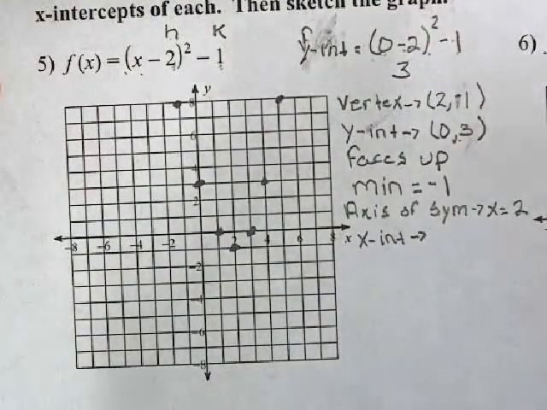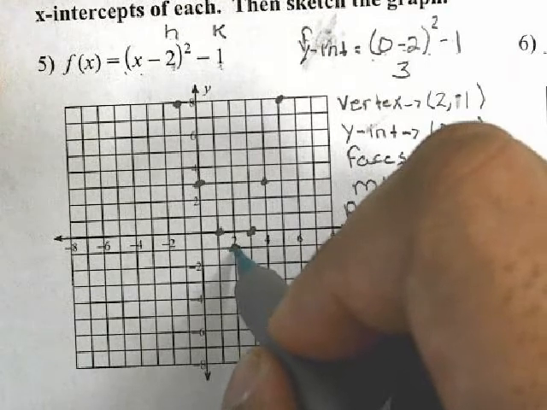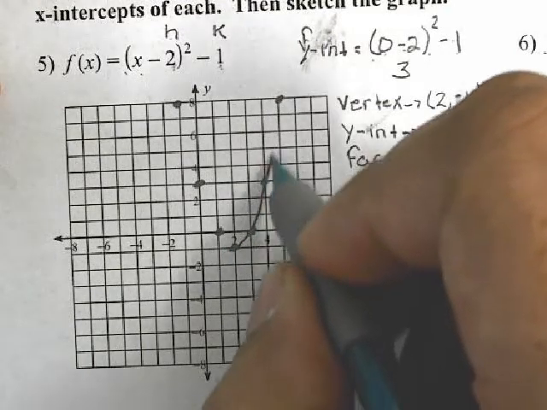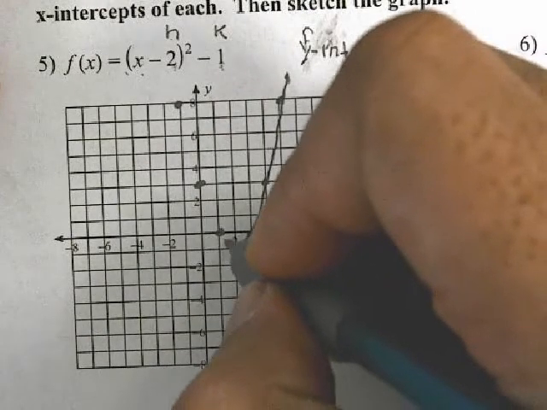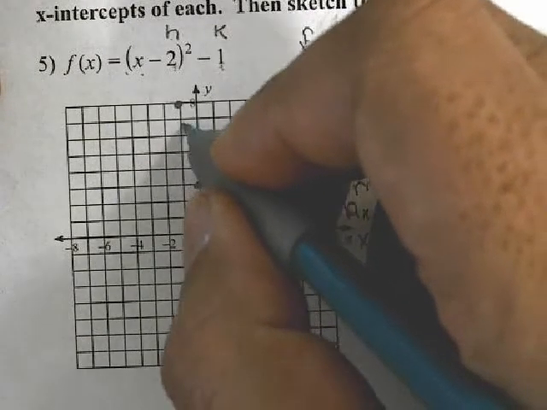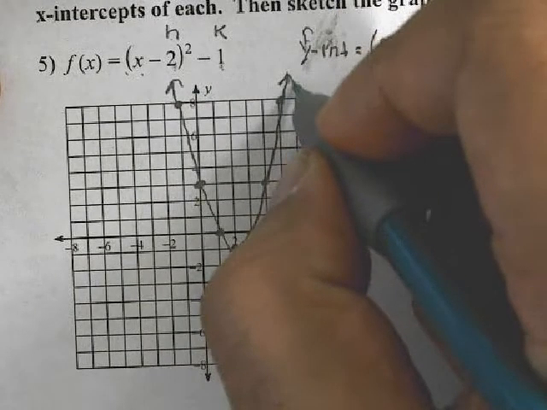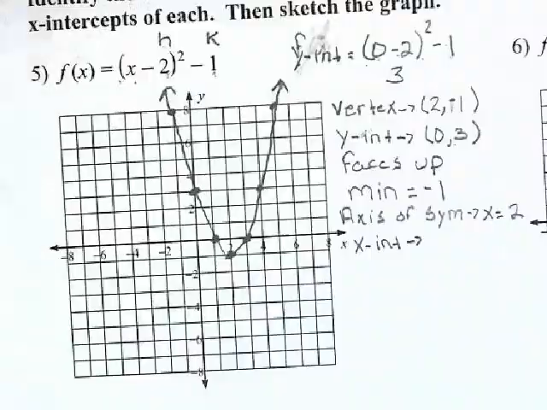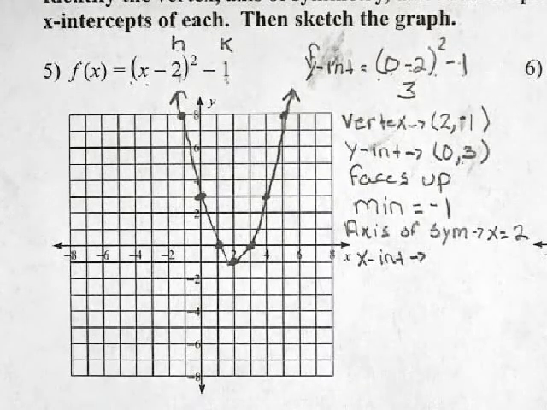As high as we can go is 8. Now, connect all those points. Put your arrows.